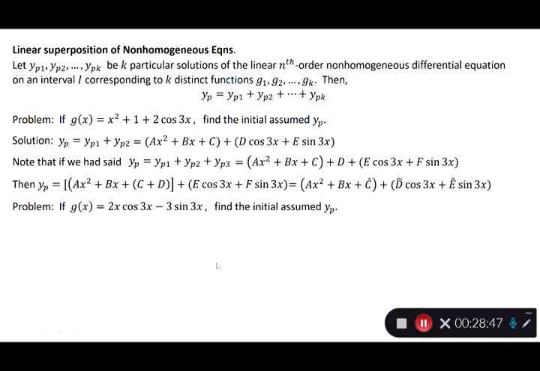So right now I'm asking simply what to assume for y sub p. Suppose we have g of x equals 2x cosine 3x minus 3 sine 3x. Does it look like our g of x is comprised of g1 and g2? Is it or is it not? That is the question.